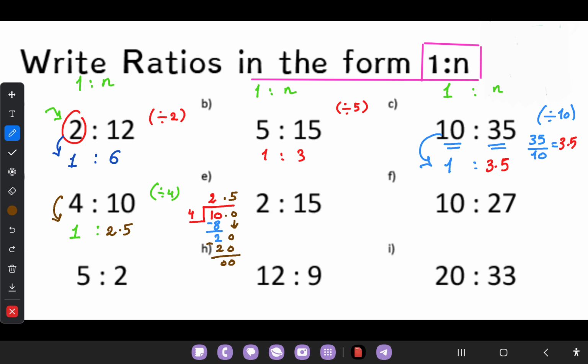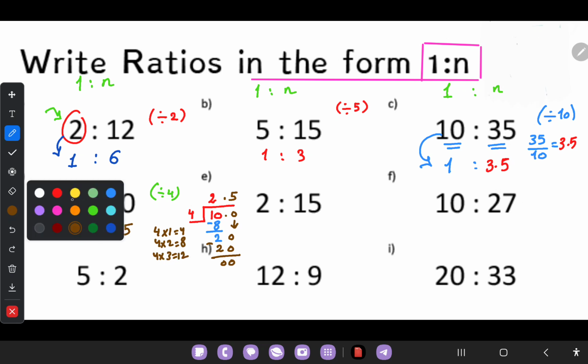Wait, Miss, how did you get 2 out of it? How did you get 2 up there over the 10? Okay, because if we write down table 4, I want to find where 10 is in table 4. 4 by 1 is 4, 4 by 2 is 8, 4 by 3 is 12.